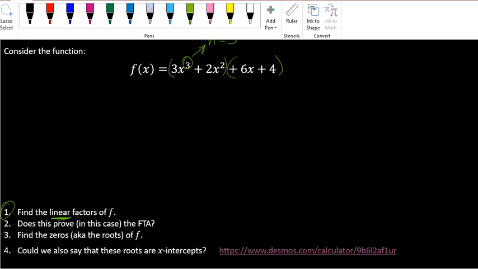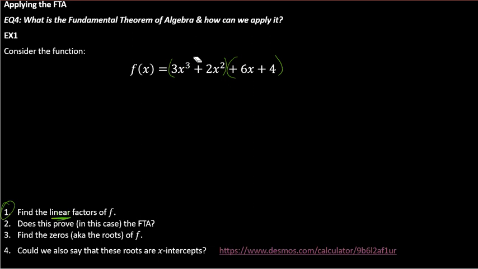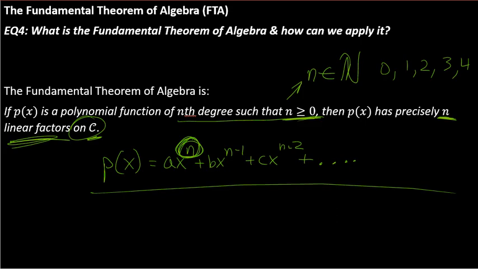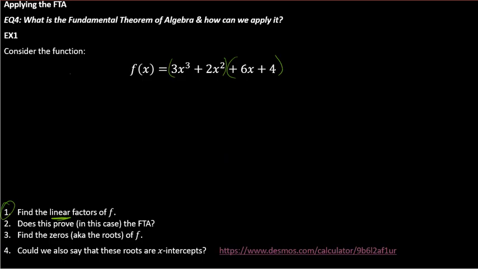So according to the Fundamental Theorem of Algebra, if it's a third degree polynomial, it's going to have 3 linear factors. Let's see if the fundamental theorem is true or not. And obviously, it's already being called a theorem, so it's true.